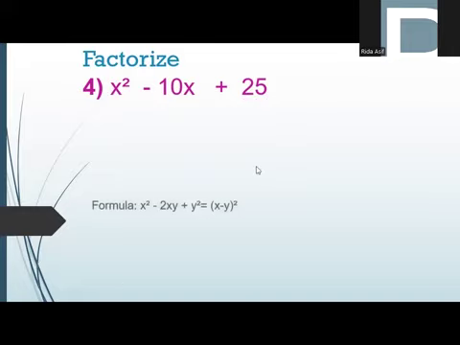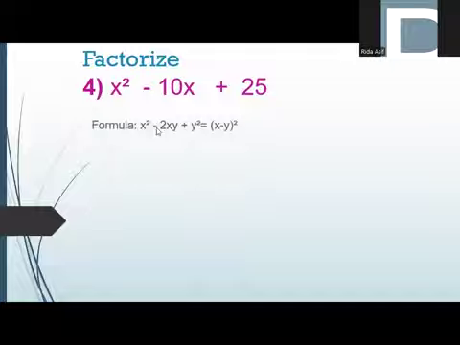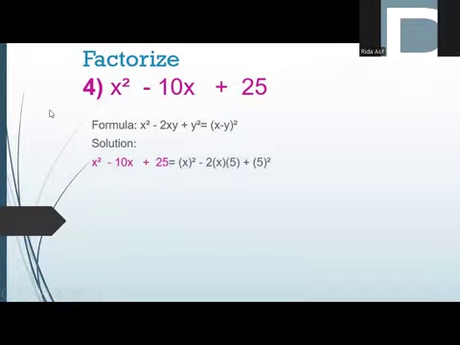Then we can apply the minus formula, x minus y whole square, because the minus sign is with the second term. So by applying this formula, let's compare the left hand side of the formula with our question. We get x square minus 10x plus 25. Now students, our x is x and our y is 5, so just put the values.